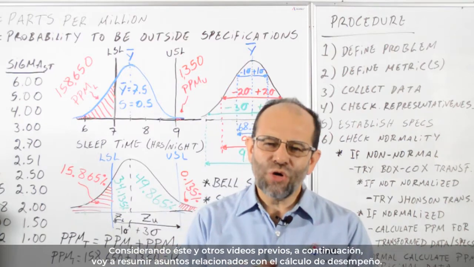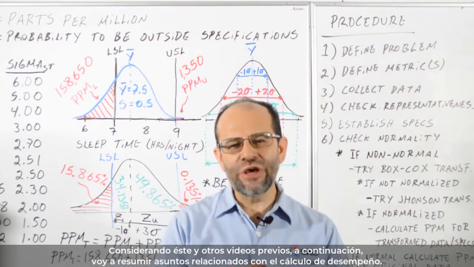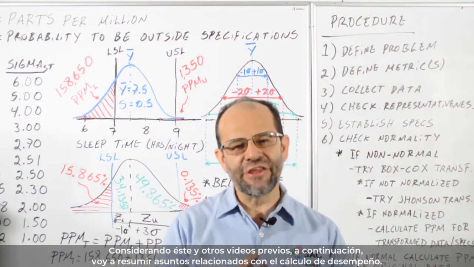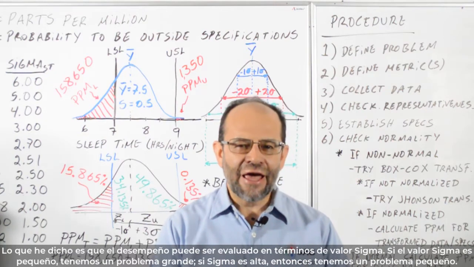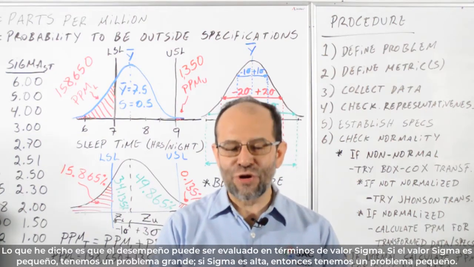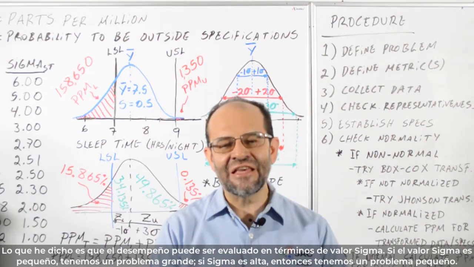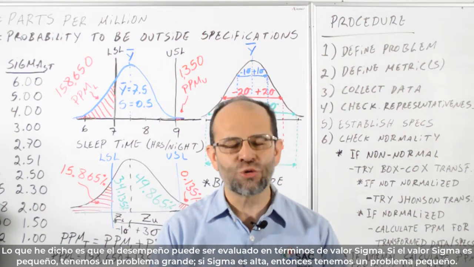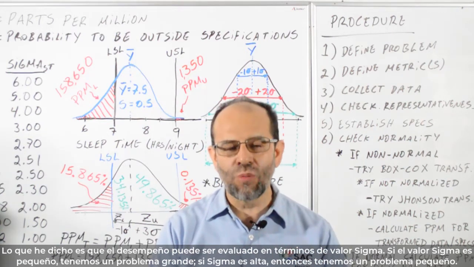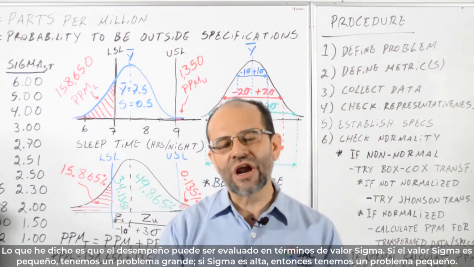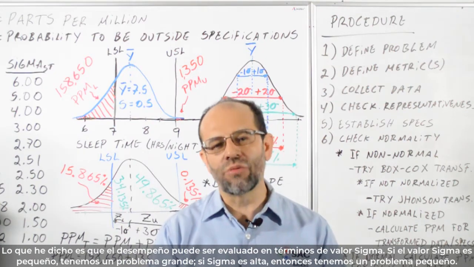Okay, now I'm going to summarize what we have seen after a few videos in terms of calculating performance. What I have said is that performance can be evaluated in terms of sigma value. If the sigma is small, we are having big problems. If sigma is high, we are having a small problem.